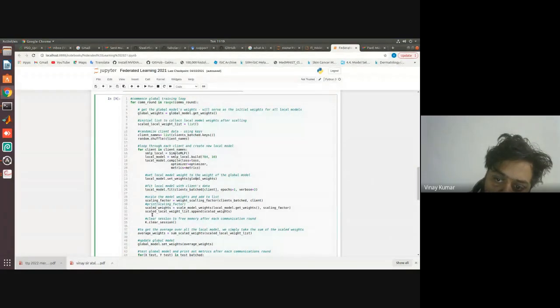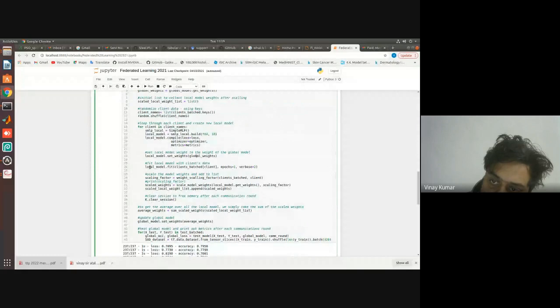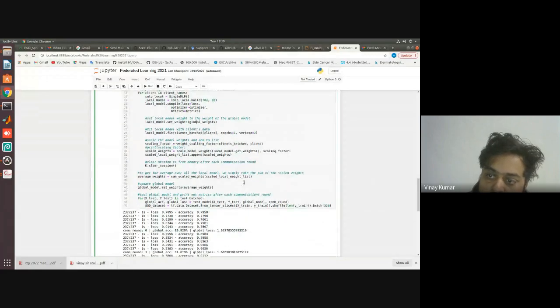For each of the clients, we feed the data that is available to the local models. Then we calculate the scaling factor of the particular local model.